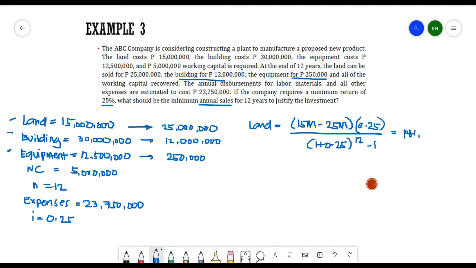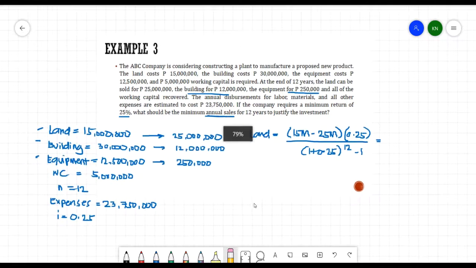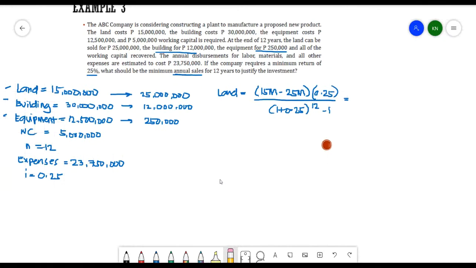So the depreciation for the land is said to be equivalent to 184,475.77.